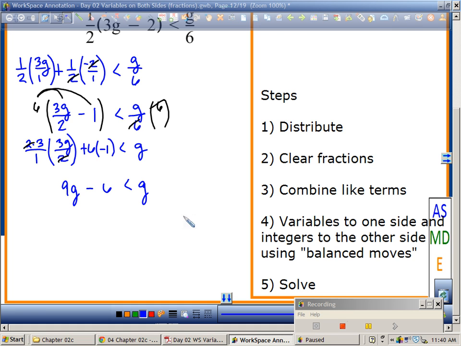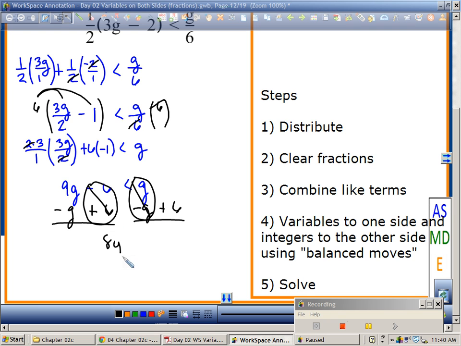Where am I going to put my g's? On the right or on the left? Left. On the left. We got to move this one. So we're going to subtract g from both sides. And the 6 needs to go on this side, so I'm going to add 6 to both sides at the exact same time. 6's go away, g's go away, and I'm left with, what's 9g minus g? 8. 8g is less than 6.